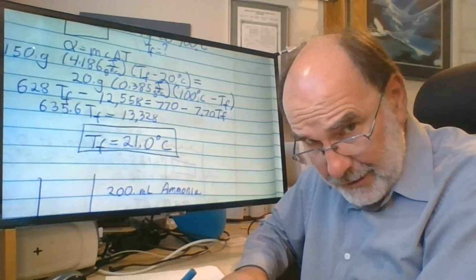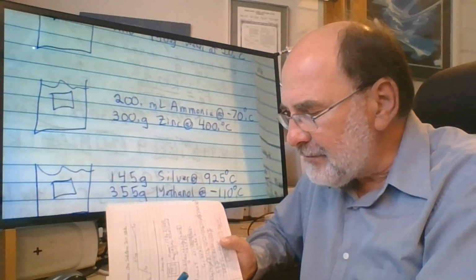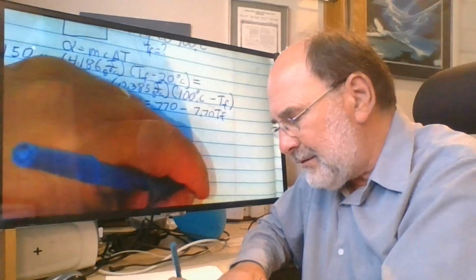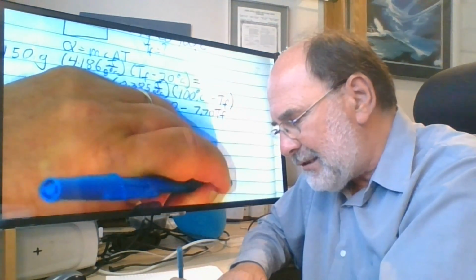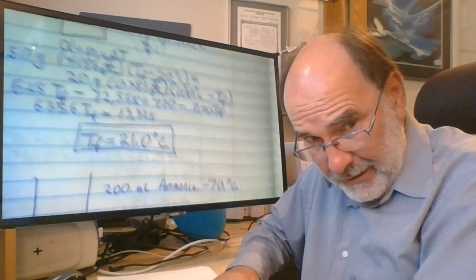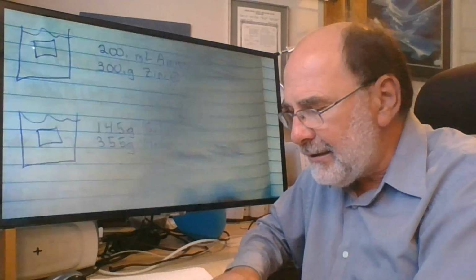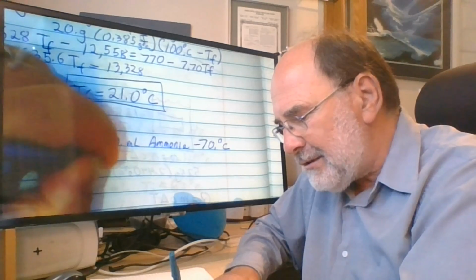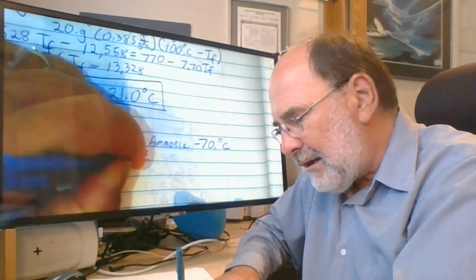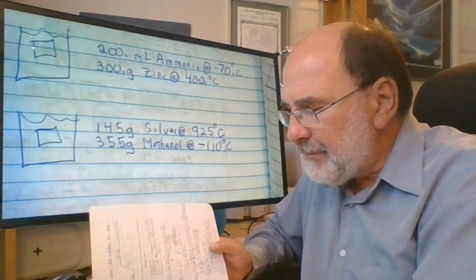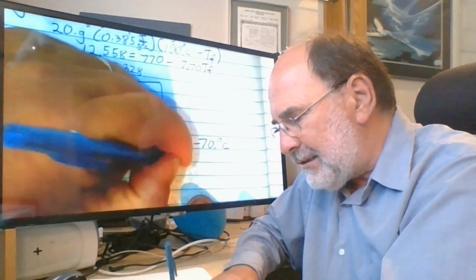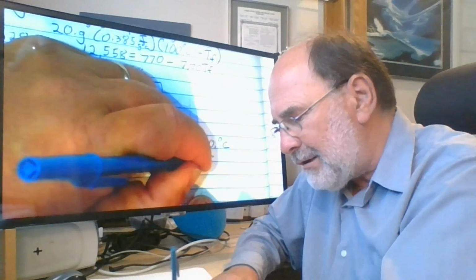And that's a volume, not a mass, right? And that's at negative 70 degrees Celsius. And to that, I'm going to add 300 grams of zinc that is initially at a temperature of 400 degrees C.